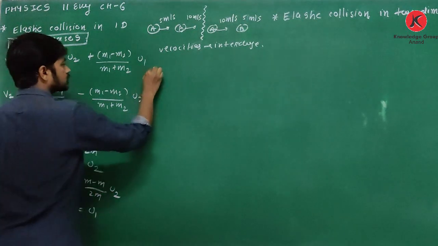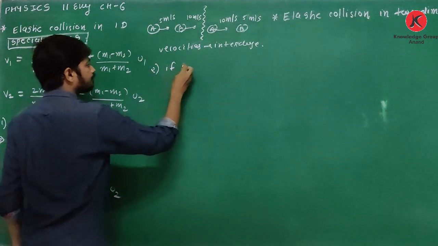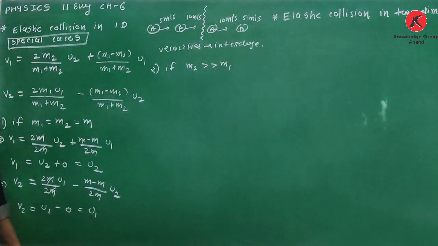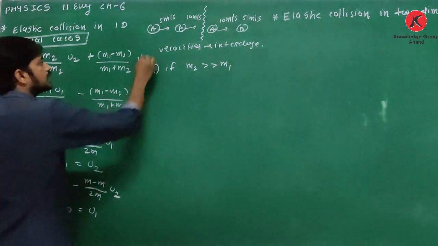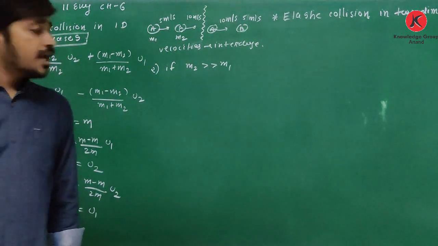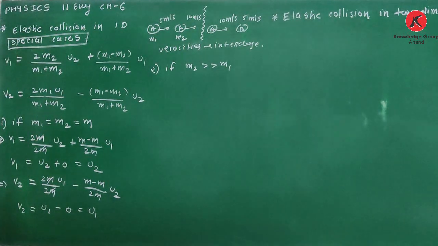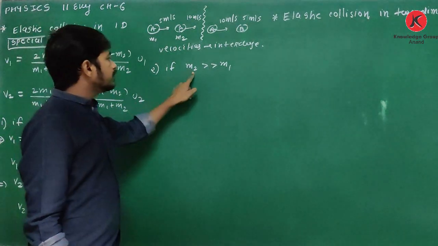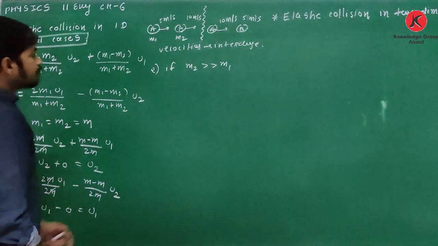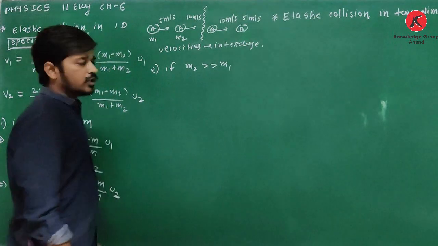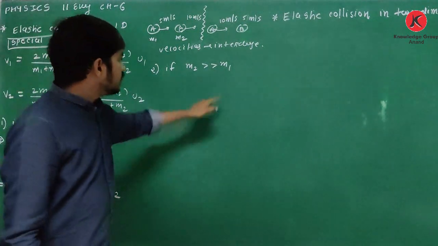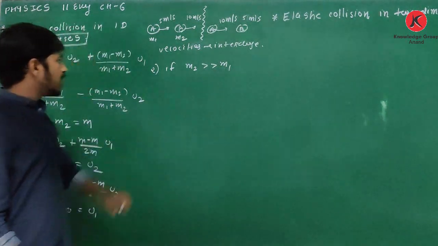Second special case. If m2 is very much greater than m1, here it is m1 and it is m2, if you remember from the last lecture. If m2 is very much greater than m1, then what you have to do? You have to ignore m1 with respect to m2.